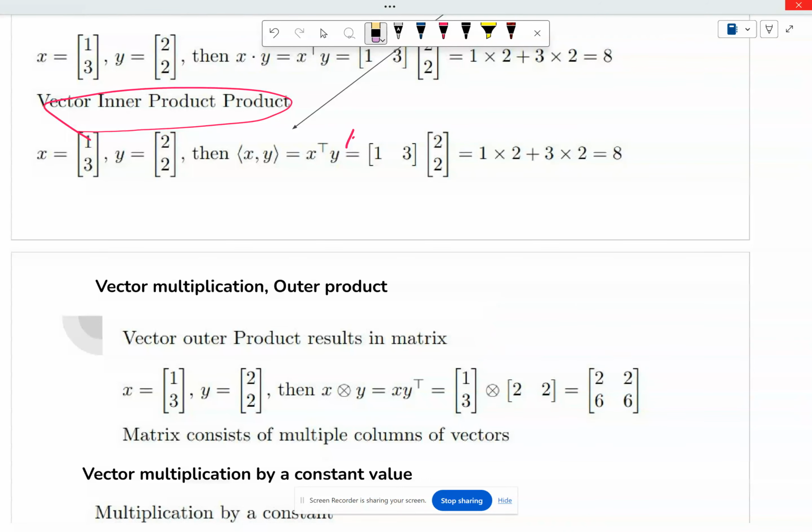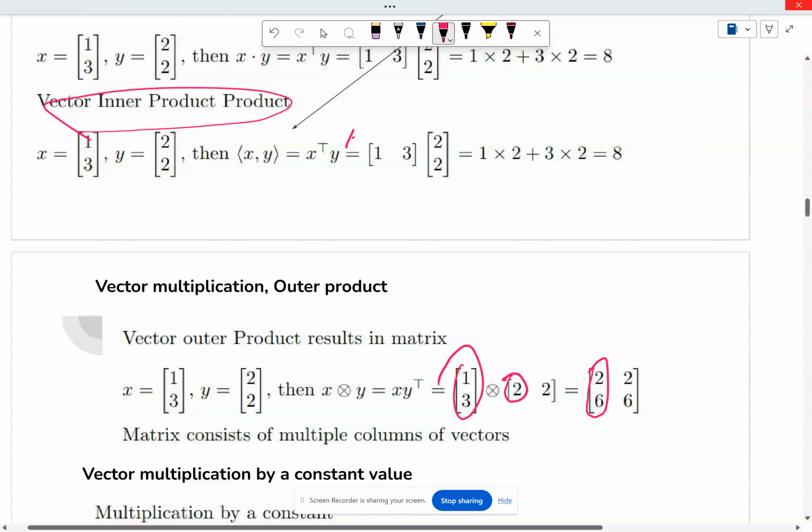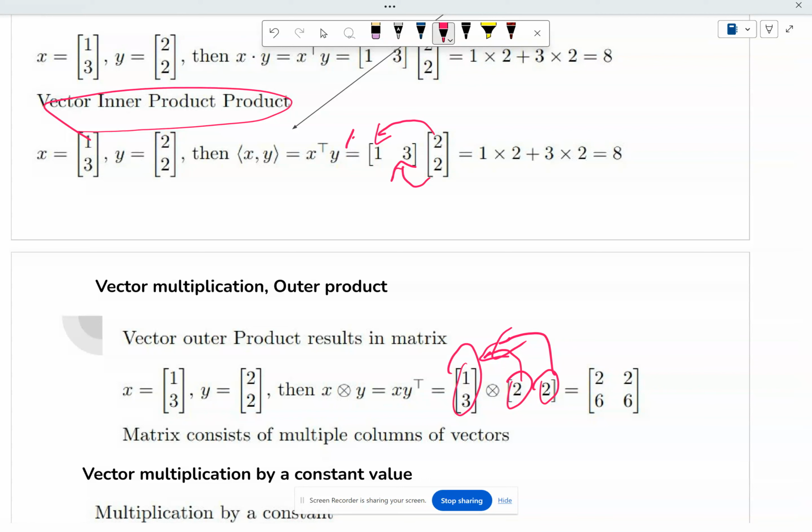The way we do the outer product is we take this element, multiply by the column, which gives us this column. Then we take the next element and once again multiply by the column. So the inner product and the outer product have different operations. The inner product is like a Hadamard product: you multiply one element at a time and then sum them together.